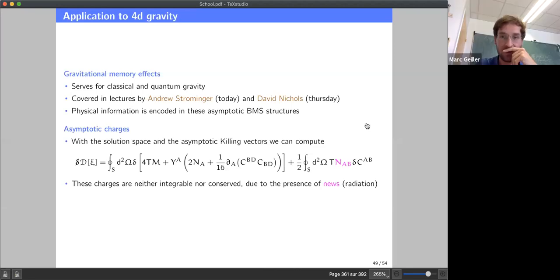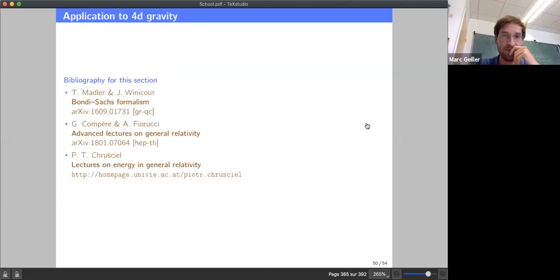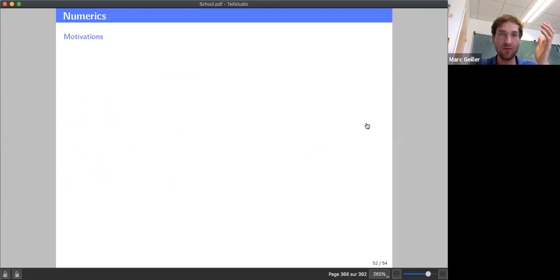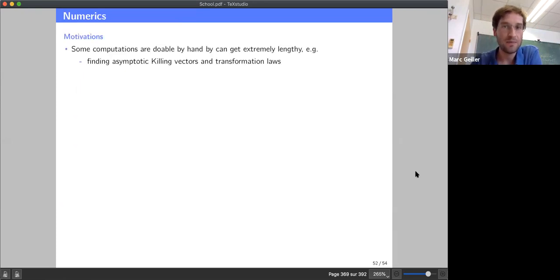Yeah, if not, maybe, so this was giving some bibliography, and I just wanted to motivate. The last thing I wanted to do, unfortunately we won't have time, was to discuss a bit some numerical aspects. The motivation was just to say that these calculations, which we did, for example, in the 3D case, are doable by hand, but they can get extremely lengthy and a bit tedious.